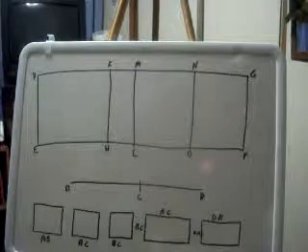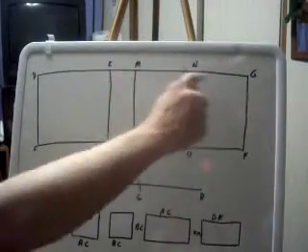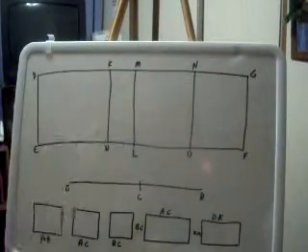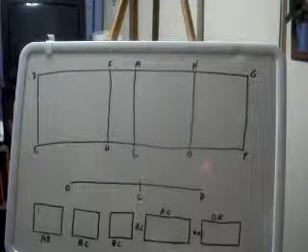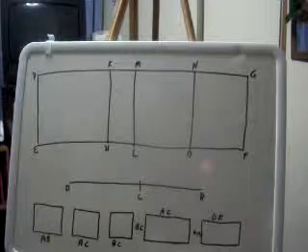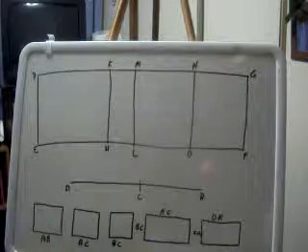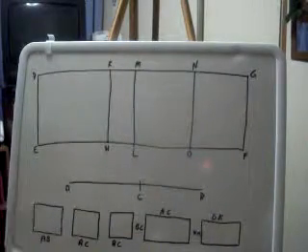Let MG be bisected at N. So we're going to bisect this line MG, and it's going to be bisected at N. And let NO be drawn parallel to ML. This is now parallel to this.